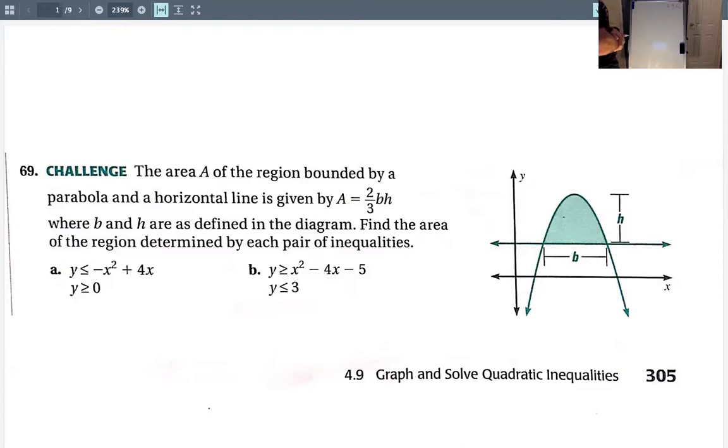You have to come to several realizations as you're doing these problems, which is what real problem solving is. I like this problem. Negative x squared plus 4x gives you that upside down one.